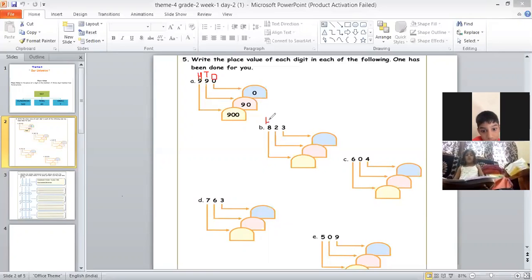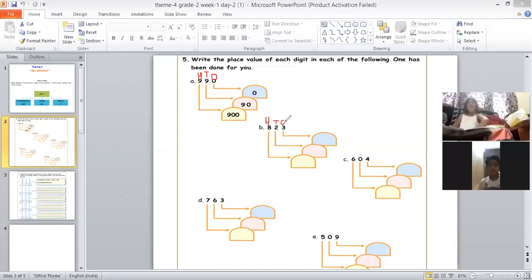Yes, children, see here. This 8 is in hundreds place, 2 is in tens place, and 3 is in ones place. So first of all, we'll write this 8, and since this 8 is in hundreds place, we'll put 2 zeros after that. So this is 800. Okay, next. 20. Very good.